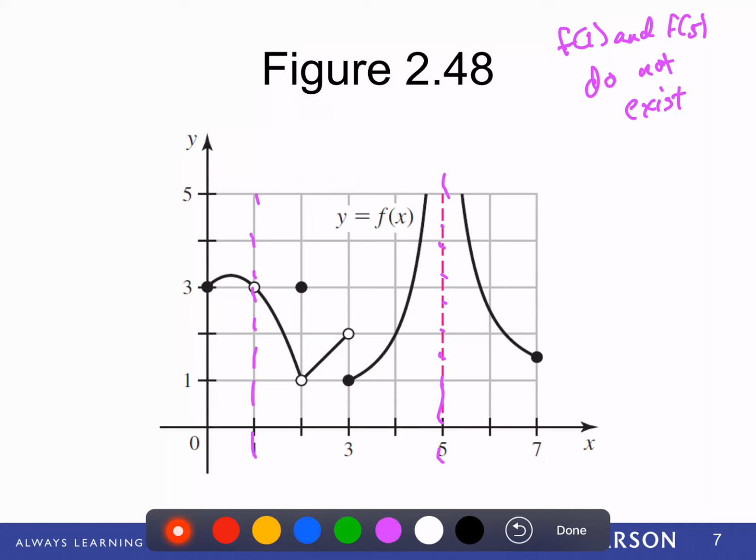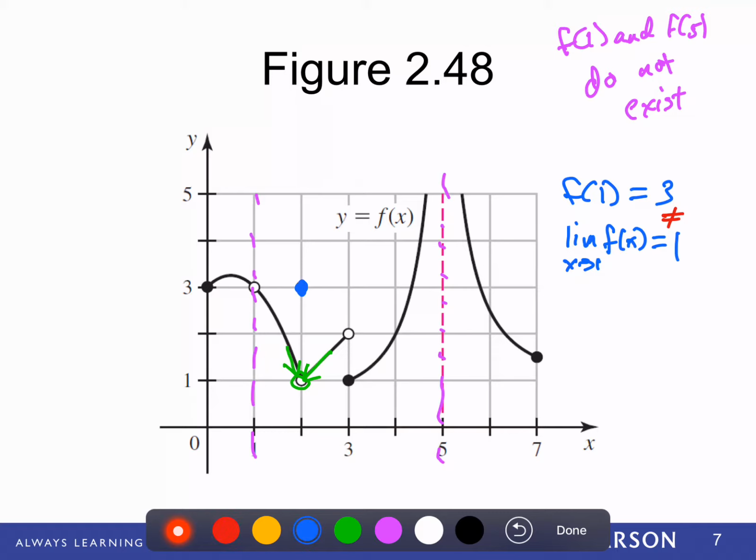At x equals 1, there actually is a value for f of 1 equals 3, but the limit as x approaches 1 of f of x equals 1, as we see here, where if I approach in from the right or from the left, it goes to the value at 1. Since these two things here are not equal, we have a point of discontinuity at x equals 1 as well.